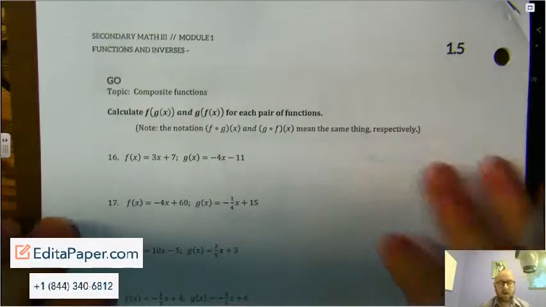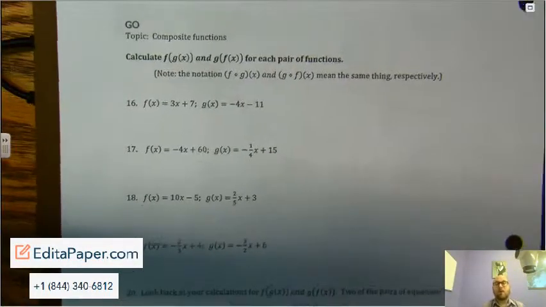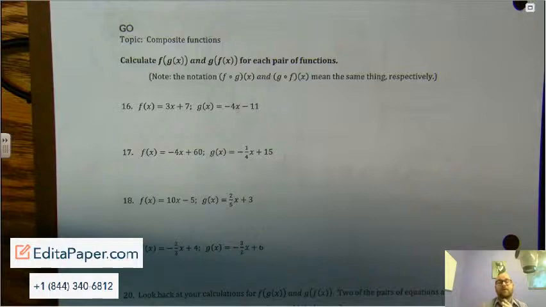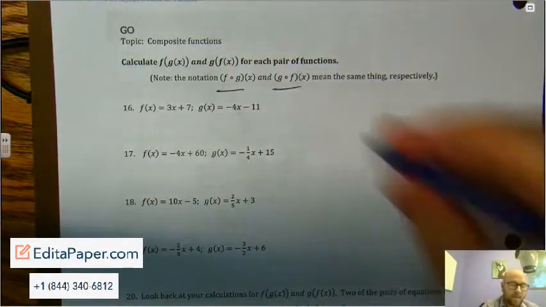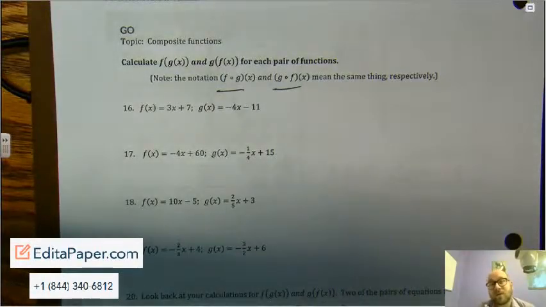Yep, last thing. All right, more composite functions, f of g of x and g of f of x, sometimes called FOG or GOF. But either way, all that we're doing is we're taking one function and we're putting it into the other function.